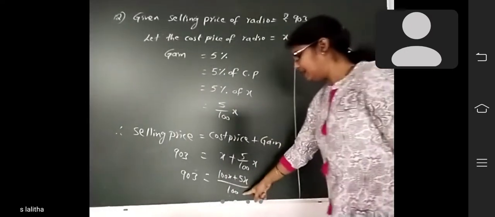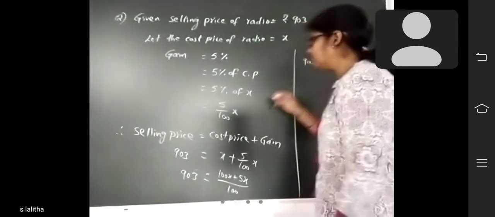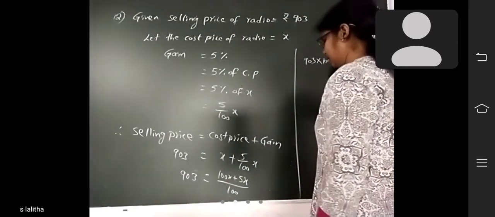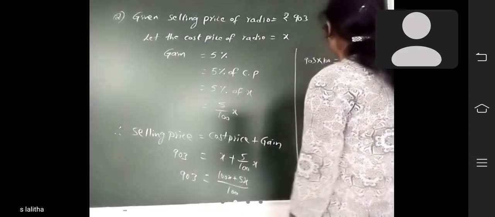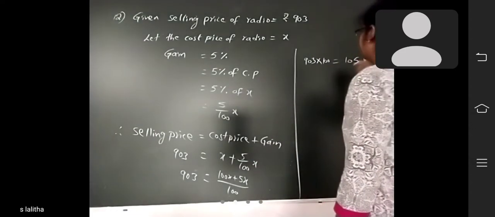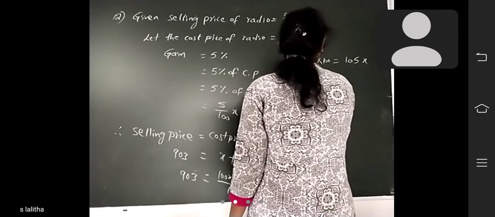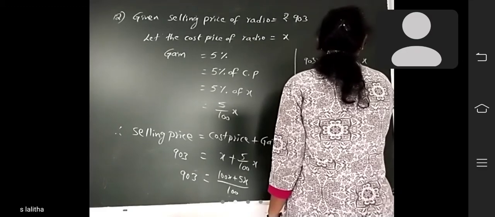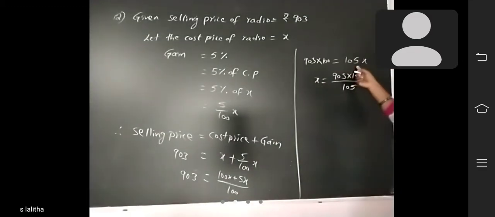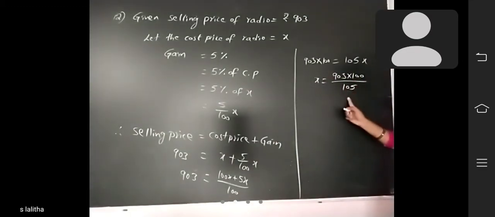903, here 100 is divided. If you transpose to here, what will become? Multiplication, equal to 100x plus 5x. How much? 105x. So x is equal to 903 into 100 by 105. Here 105 is multiplied. If you transpose to here, what will become? Divide.